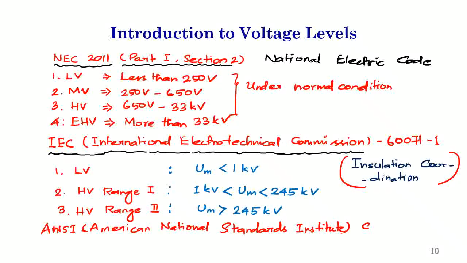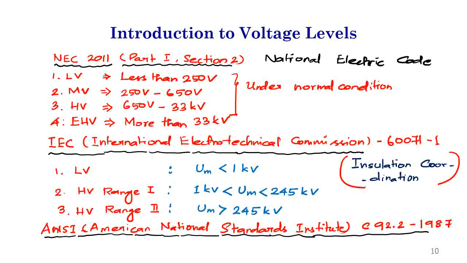It has a standard number C92.2 in the year 1987. It has a classification for EHV and UHV. First, the EHV range, extra high voltage, is ranging from 345 kV to 765 kV.